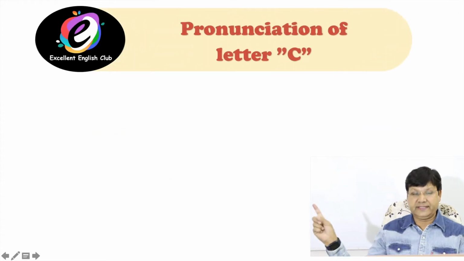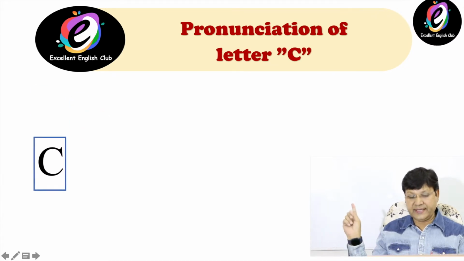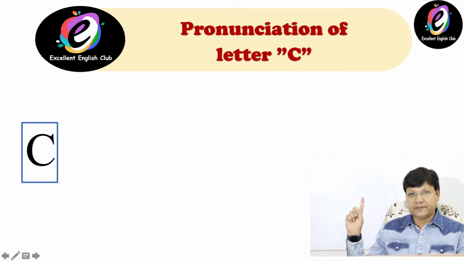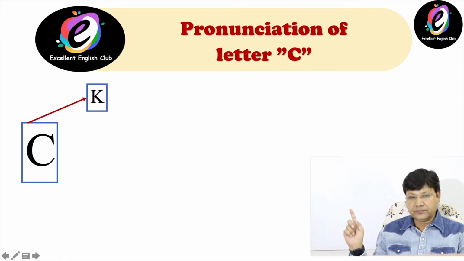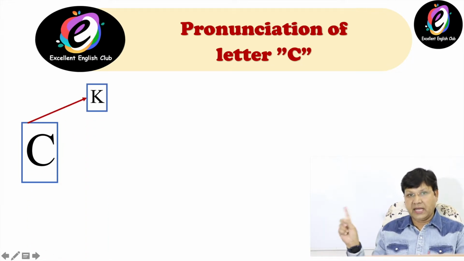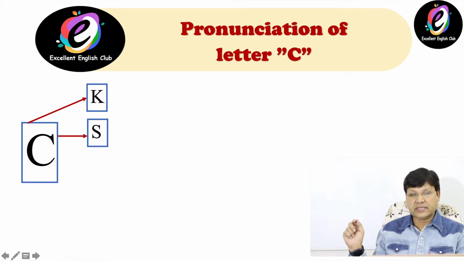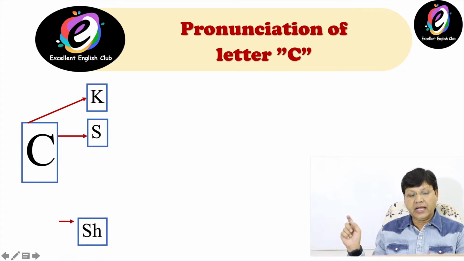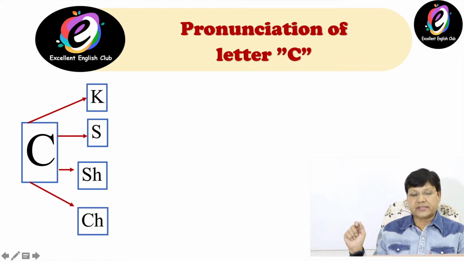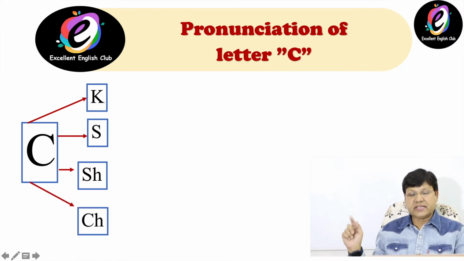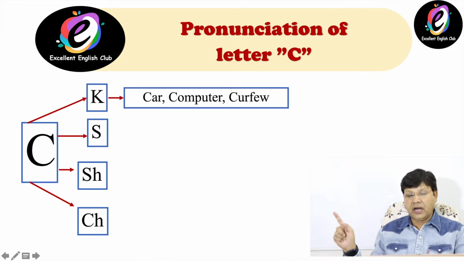Pronunciation of letter C. Look here, this is C, and the first sound of C is ka. Second sound is sa. Third sound is sha. And the last sound is cha. How? Look here, examples. The first one is ka, like car, computer, curfew.